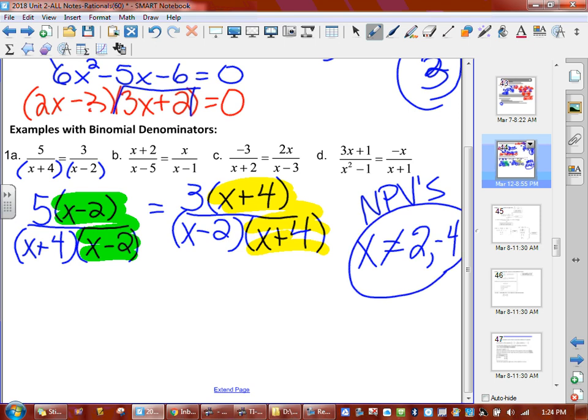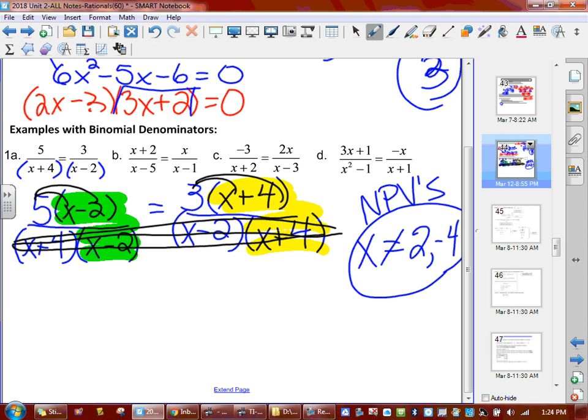The minute we've done that, the bottom is now gone. Okay, it doesn't exist anymore. Now we're dealing with the top. We have to multiply into the bracket. So we're going to multiply in. 5x minus 10 equals 3x plus 12.